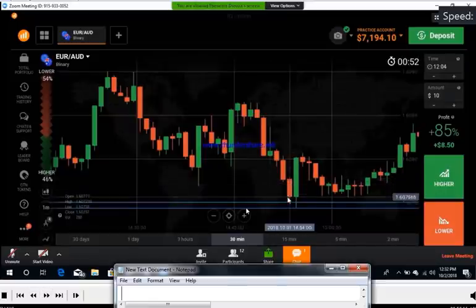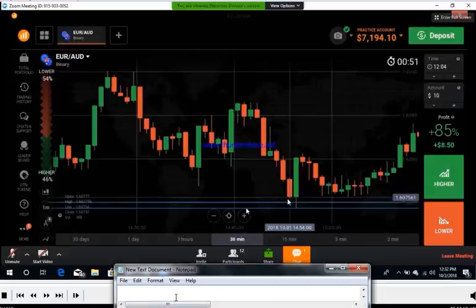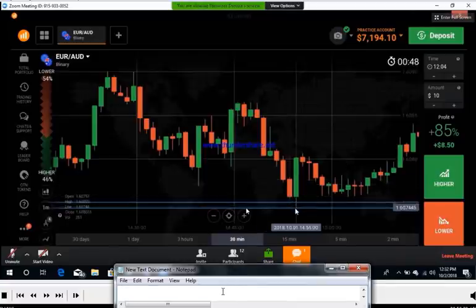When the market closed below the level, it means it will reverse from this level.